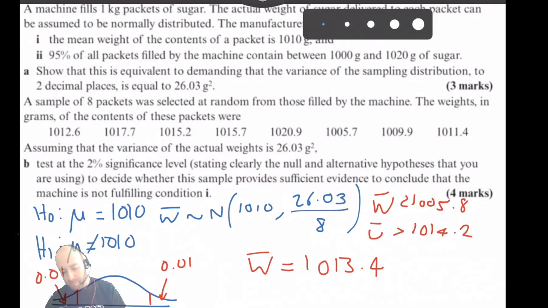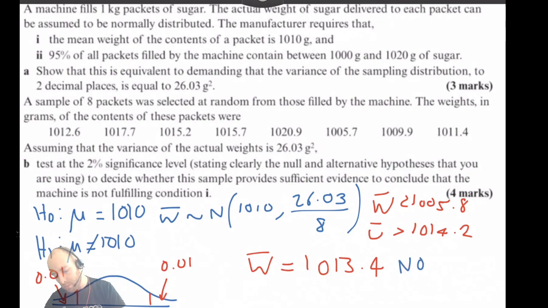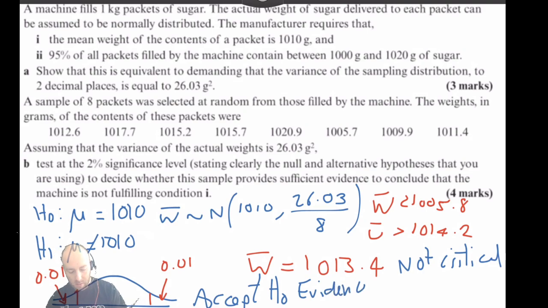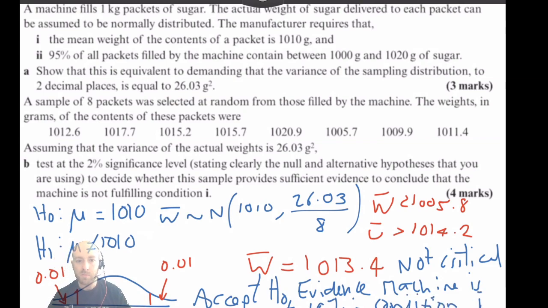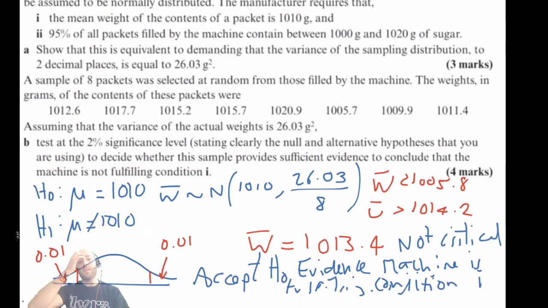So, not critical, accept H0, there is evidence that the machine is fulfilling condition 1. You can't see it anyway. That just says accept H0, there is evidence that the machine is fulfilling condition 1.